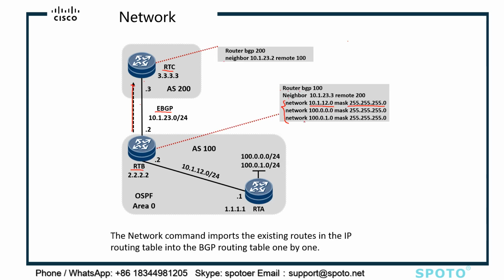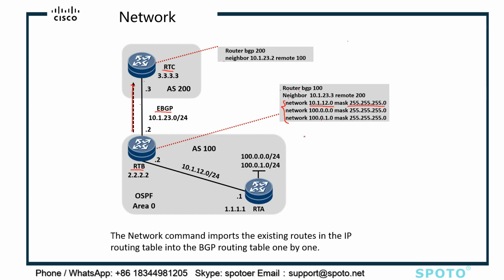So when we use this command to advertise the route to our BGP neighbor, first of all, we need to ensure this route is already in our IGP routing table. And the next one, the network segment must be the same as in our routing table. When we try to advertise the route, we need to remember this.